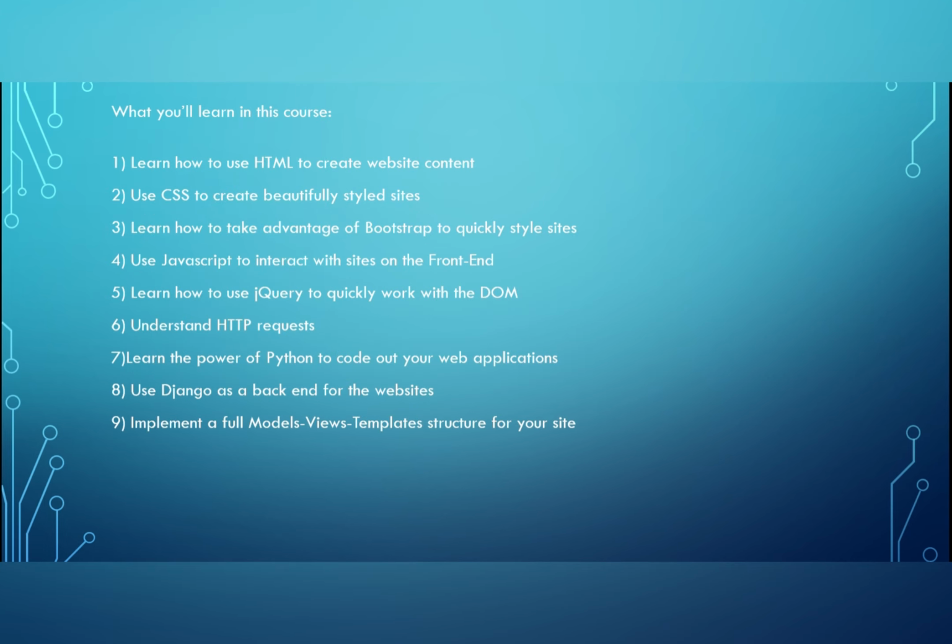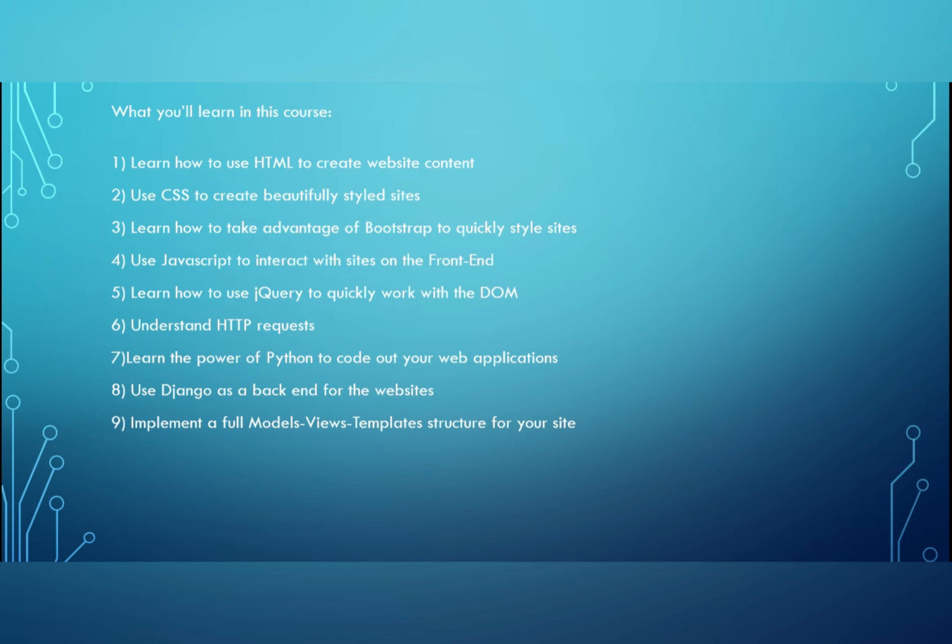Now we have seen the complete course overview, right? Now let's see what we are going to learn in this course. We will learn HTML to create website content, CSS to create beautifully styled sites, and Bootstrap to quickly style sites, and we use JavaScript to interact with the websites on the front end. So these are all front end technologies.